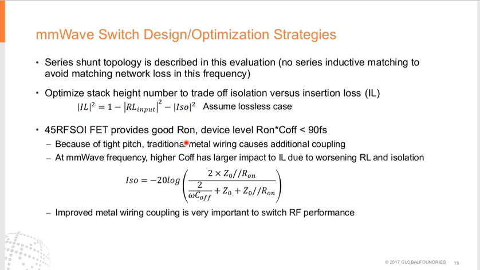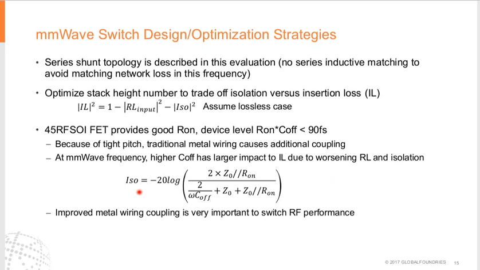45 SOI provides very good Ron, and the device Coff is about 90 femtofarads per millimeter. 45 SOI is an advanced technology, so the pitch is tighter between the drain and source, or gate to the source. So the traditional metal wiring causes additional coupling and then increases Coff.